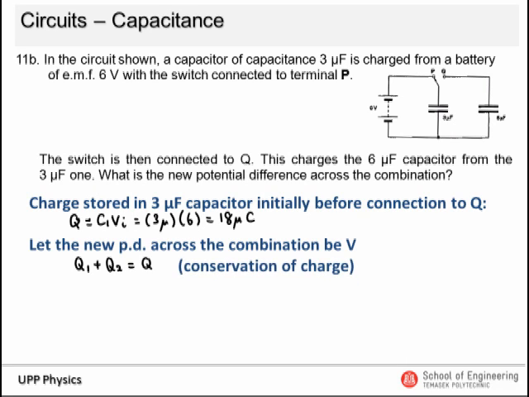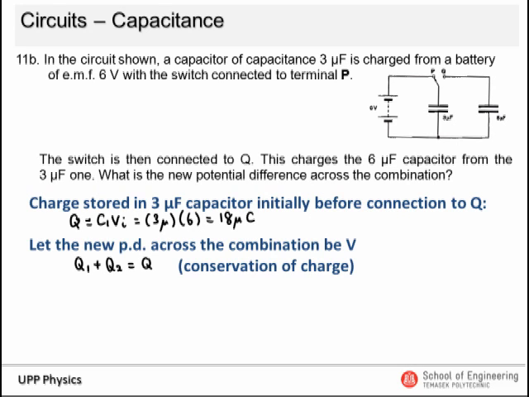So the concept is actually known as the conservation of charge. Charges cannot be destroyed nor lost. It has to be conserved. And charge Q, since it was stored during the charging process, it cannot be lost when the 3 microfarad is charging the 6 microfarad capacitor. So together the sum must be Q.